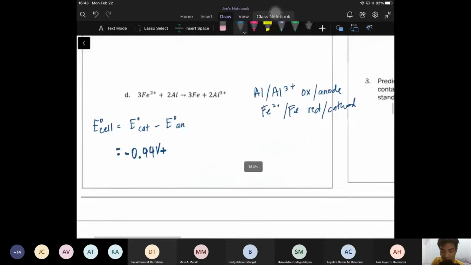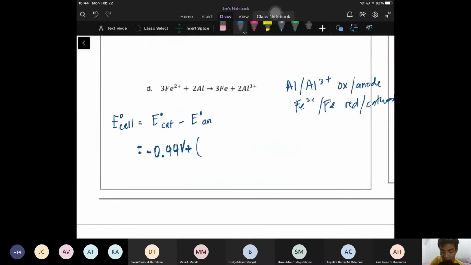So pakisulat yan dito. Negative 1.66 volts. And we can combine the two. No. Minus pala, sorry. Ba't plus nilagay ko dun? Minus negative 1.66 volts. So we can now combine the two cell potentials to get the voltage of our cell. Okay. So solve natin.